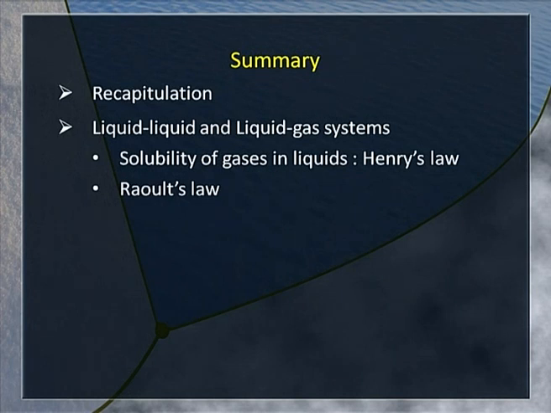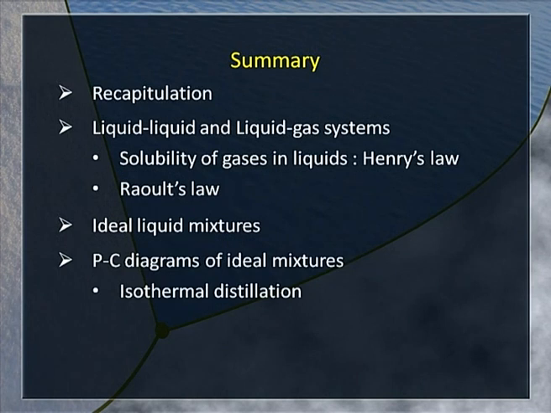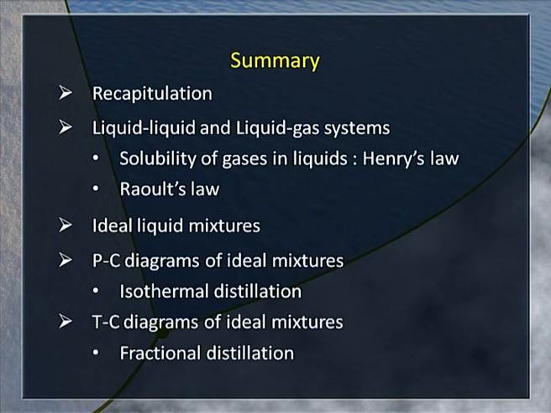We looked at Henry's law, Raoult's law, ideal liquid mixtures, PC diagrams and their usefulness in explaining isothermal distillation, and then the more useful TC diagrams where we could explain clearly what is meant by fractional distillation, and in the laboratory and the industrial scale the type of instrument or assembly that we use to bring about fractional distillation.